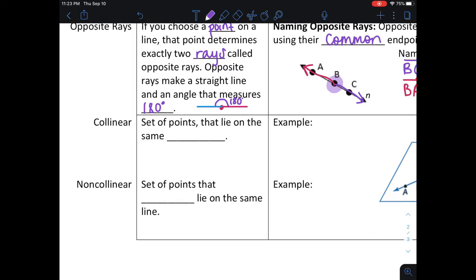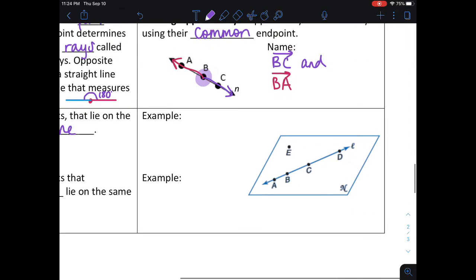Collinear. Collinear just means they're on the same line. Points that are on the same line are collinear. That's why it's called collinear. If we look over here at the diagram, you can see this line right here, and all four of the points that are on that line are considered collinear. So you could say, A and B are collinear. A, B, and C, A, B, C, D, all of them are collinear.